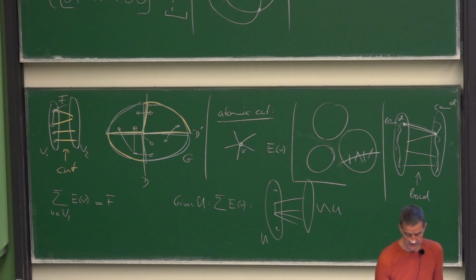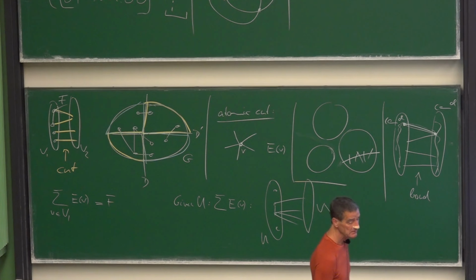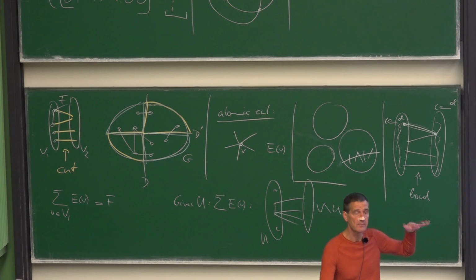Okay, so why are bonds important? Well, they're the same for the cut space as the cycles are for the cycle space. Namely, they are the minimal non-empty elements. But now by definition. Right?